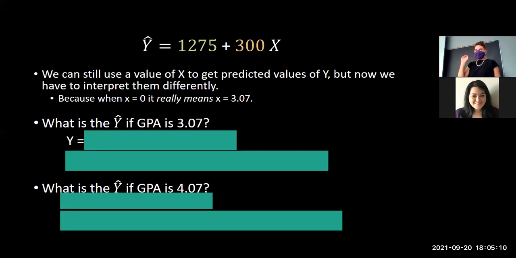So I can still use a value of x to get a predicted value of y, but we have to interpret them a little bit differently. When x equals 0, the math still works to get you the right answer, but x being 0 really means that x is 3.07.